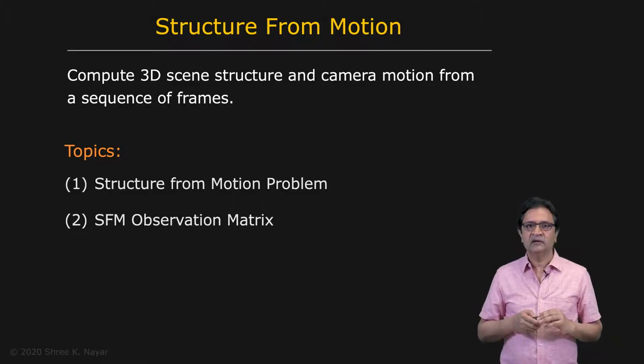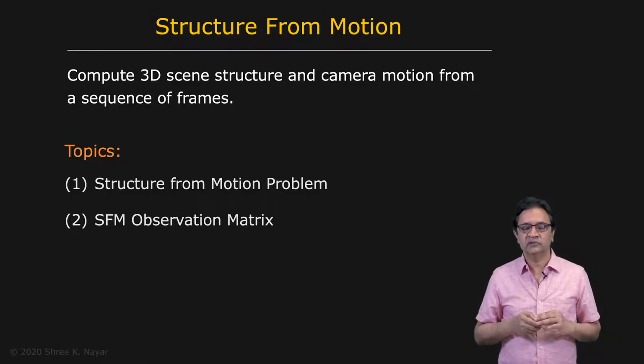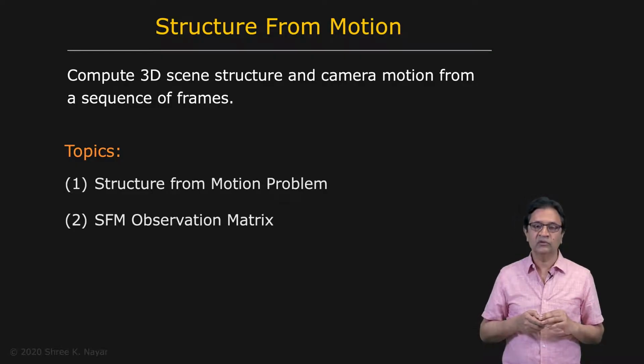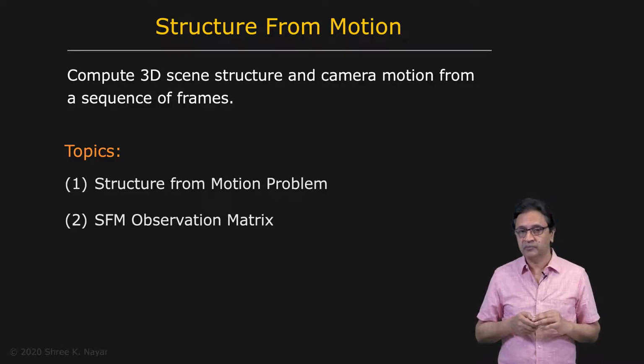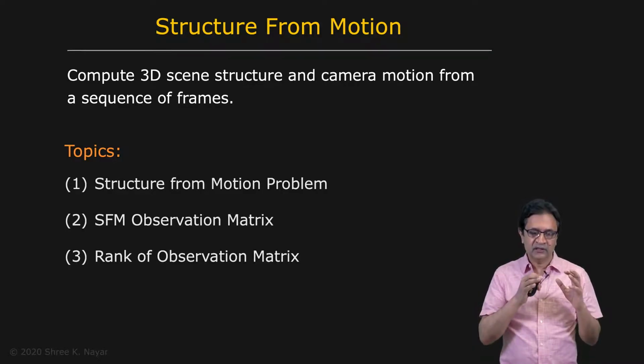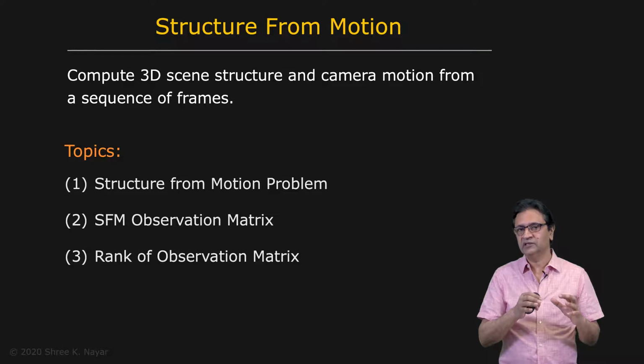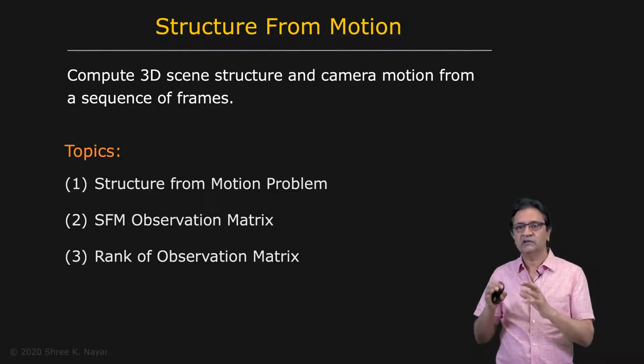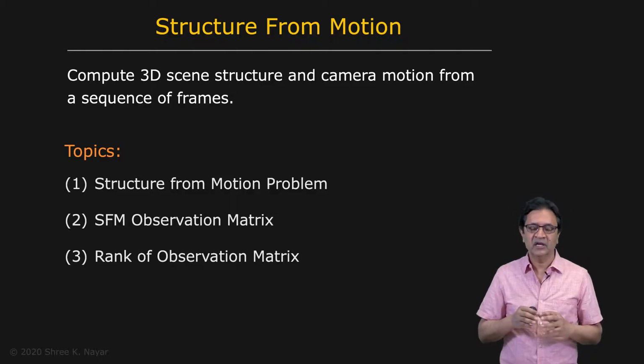Now, the interesting part about the observation matrix is that it can be shown to have certain properties that are very important. In particular, it has a very low rank. So we look at the ranks of matrices, the properties of ranks, and then figure out what the rank of the observation matrix in the structure from motion problem is.